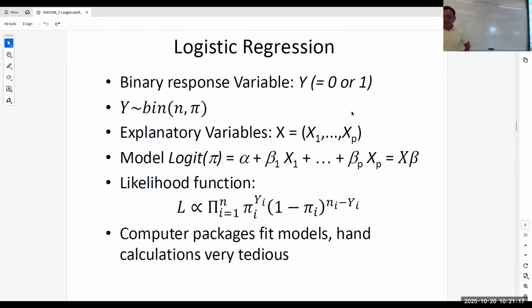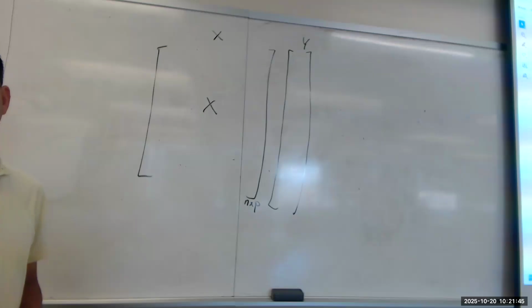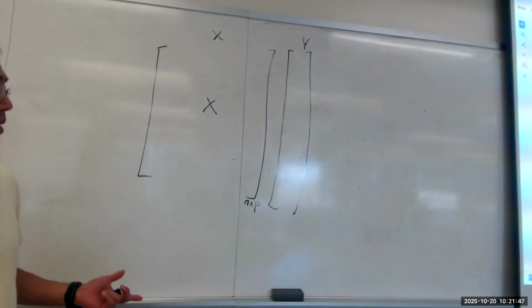For logistic regression, here is the data structure. You have the X matrix, the same setting as regression: a design matrix X and a response variable Y. Your X is an n by p matrix.